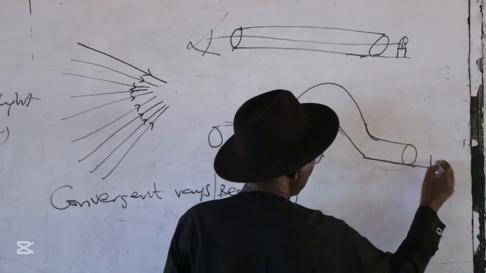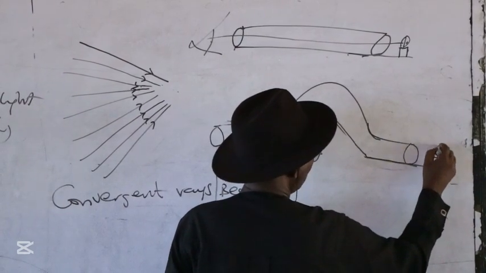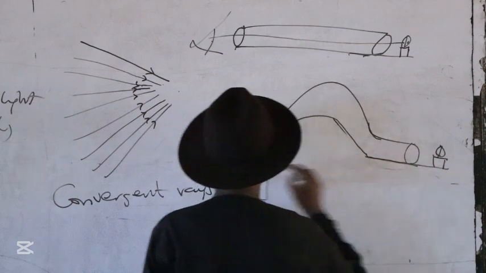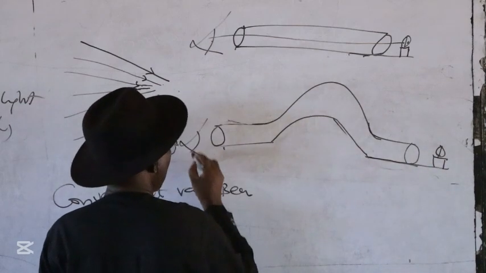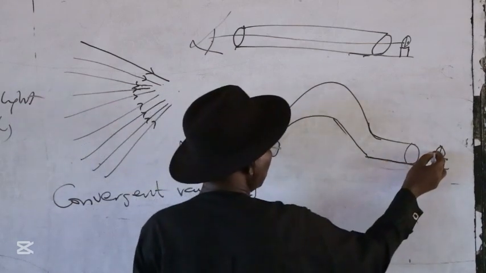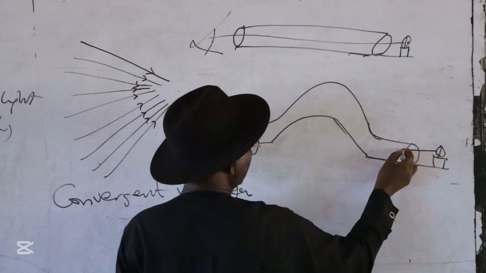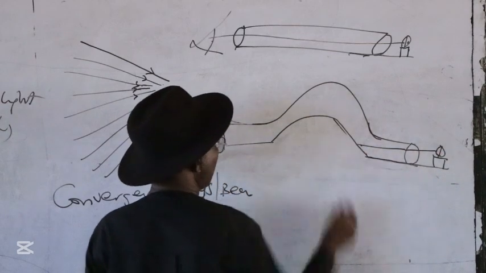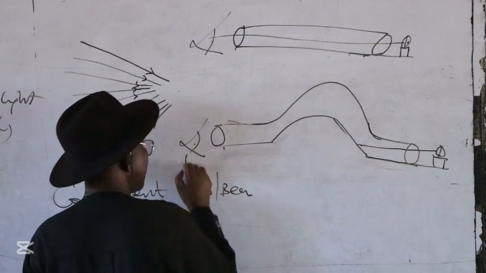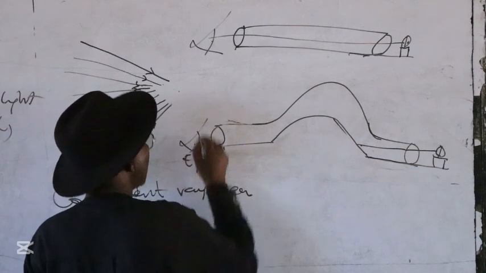Then you put a candle here, just as you did before. Now set your eyes here. You don't need anybody to tell you that the rays of light that penetrate here will be blocked by this.